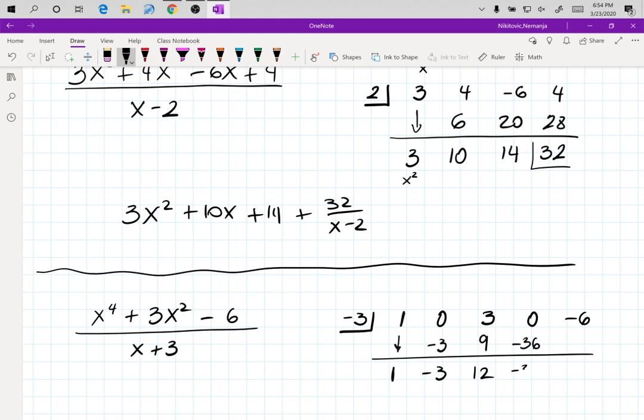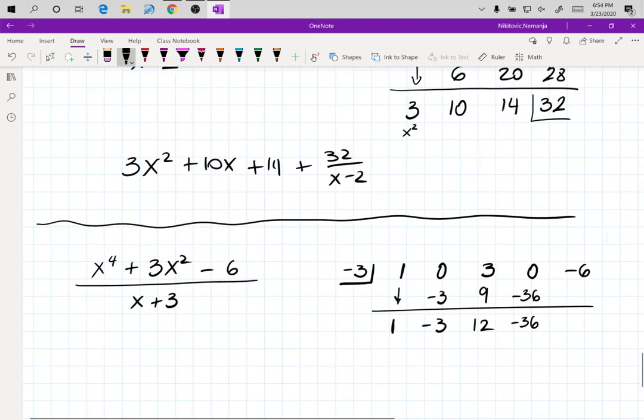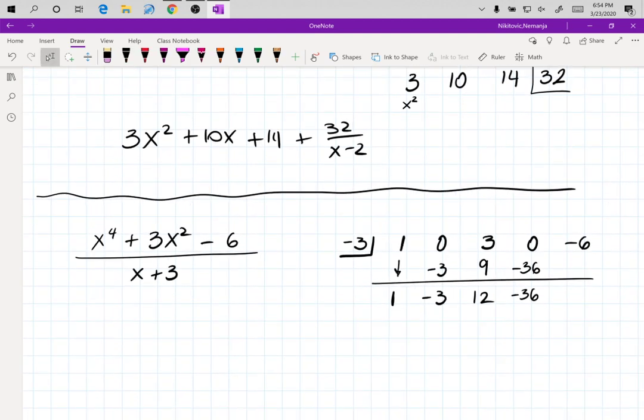Add them up. You get negative 36. And finally, negative 3 times negative 36, well, negative times negative is a positive. 3 times 6 is 18, so 108. Add, we get 102. And that's the remainder.